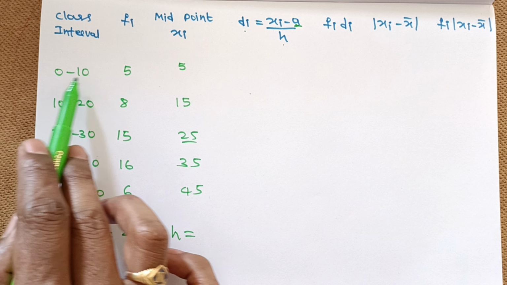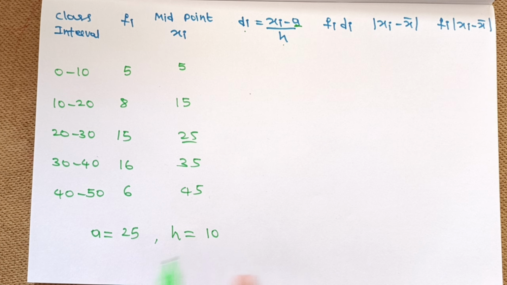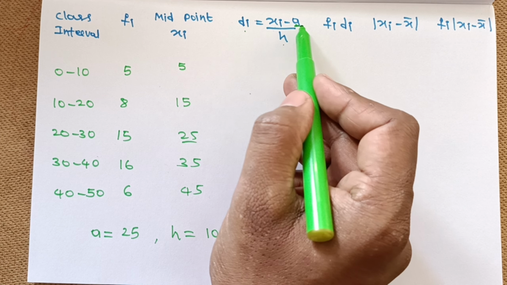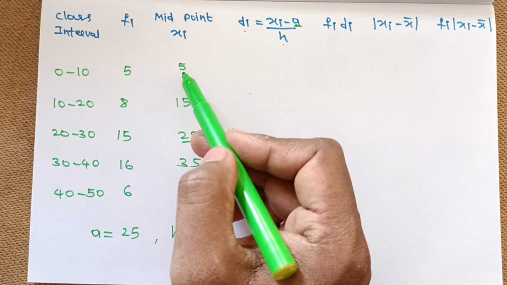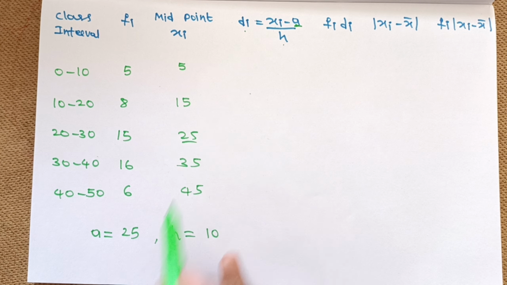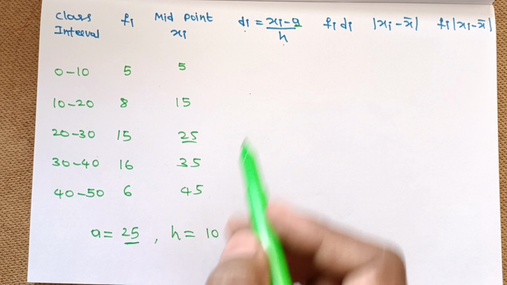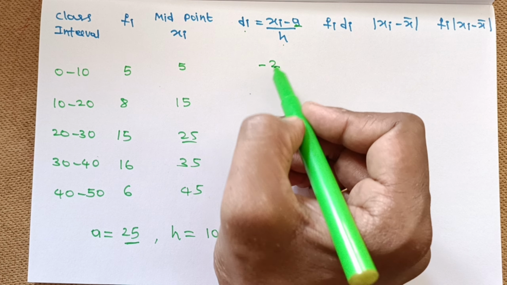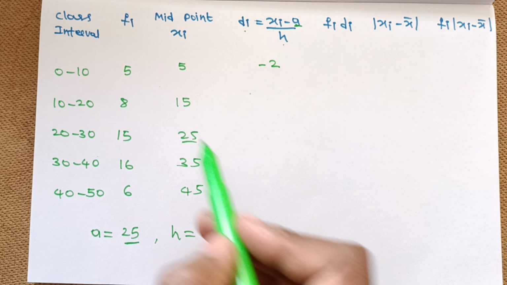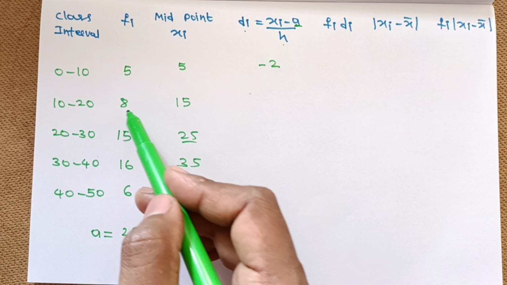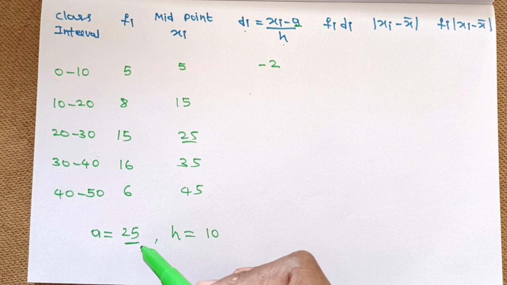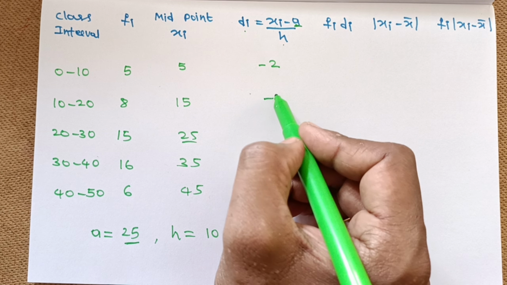What is the length of 0 and 10? 10 only, just the difference. Now di equals xi minus a by h. What is xi? 5. 5 minus 25, that is minus 20. Minus 20 divided by 10 is minus 2. Next, xi value 15 minus 25, that is minus 10 by 10, minus 1.